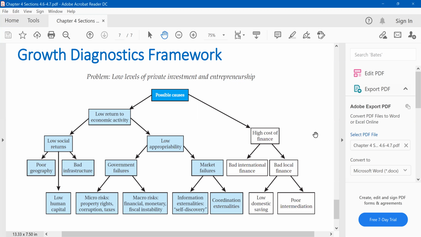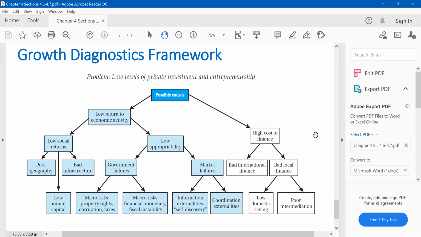And then you have the coordination failures or coordination externalities. We also discussed these things in the big push model. So the end result is that there are certain market failures typically associated with information and coordination. Those things also imply low appropriability, right?